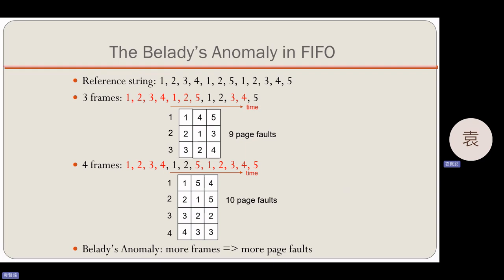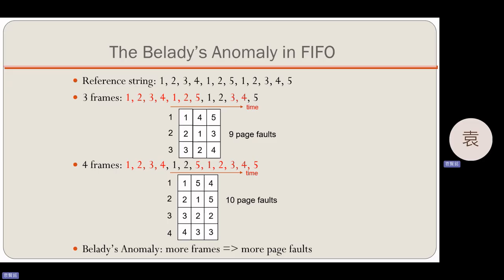However, if the algorithm is first in, first out, then sometimes giving more physical frames will generate more page faults. Here is an anomaly example.